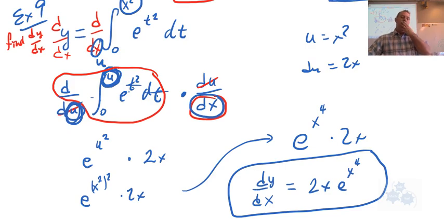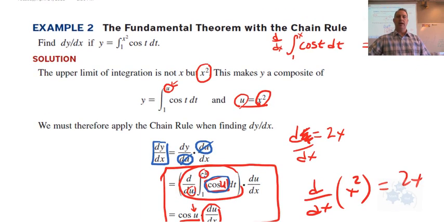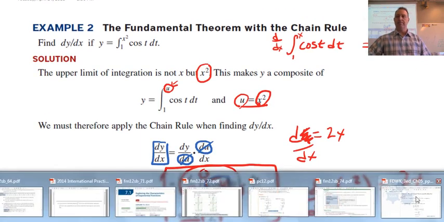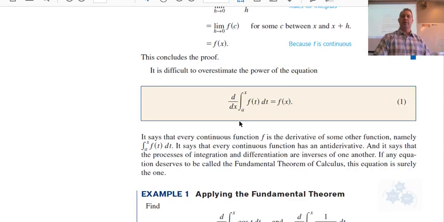But listen. Remember going back to the fundamental theorem, which I do not have on here, but I have in my book. So look at this, the fundamental theorem. It says that if we have d/dx of the integral from a to x of any function, it doesn't matter what the function is, these variables don't have any bearing.